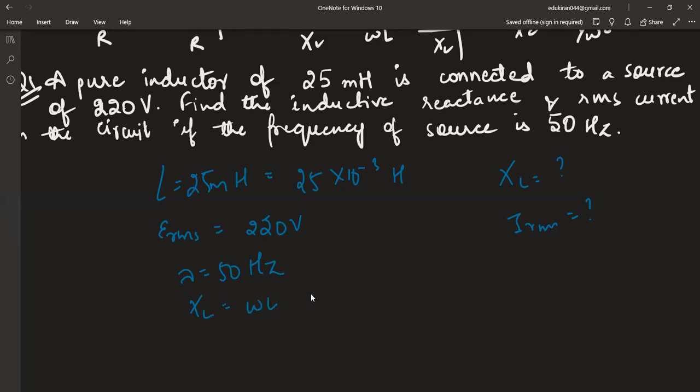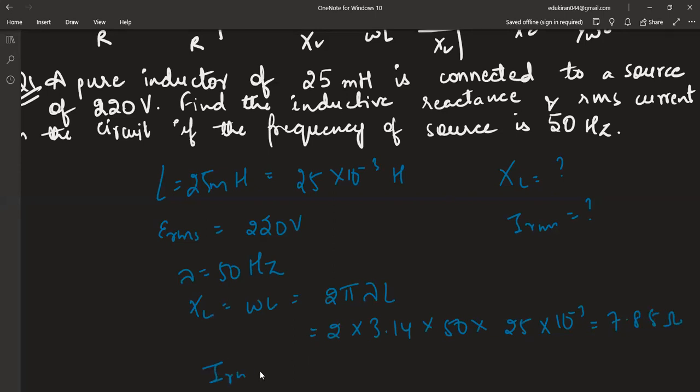XL is equal to omega L, which is 2 pi nu L. This is equal to 2 into 3.14, frequency is 50, L is 25 into 10 to the power minus 3. All right. So once you solve this, it will be, I think, approximately 7.85 ohms.